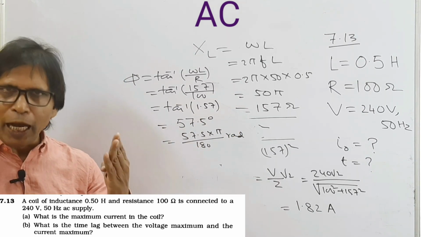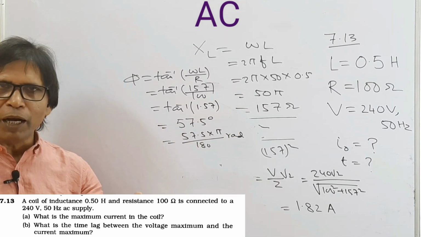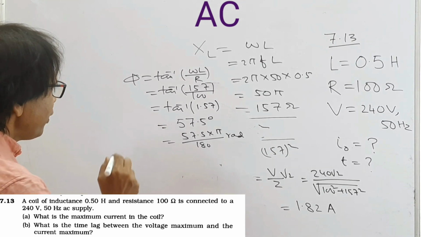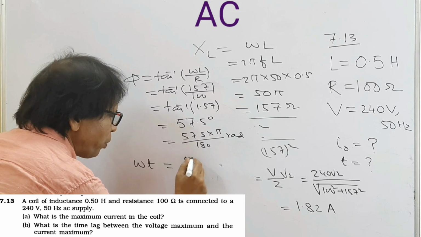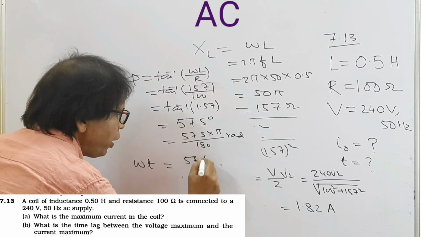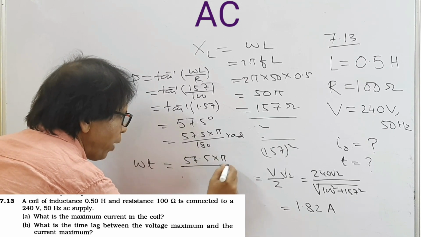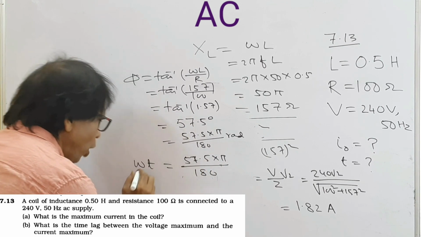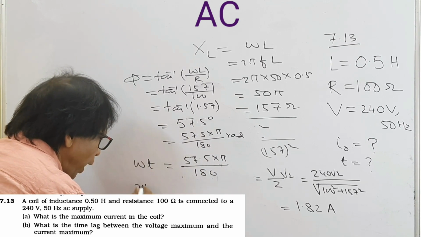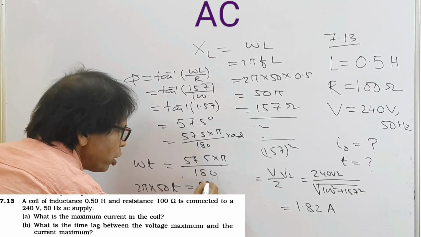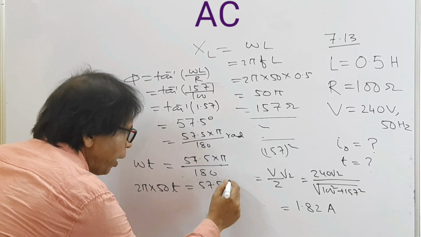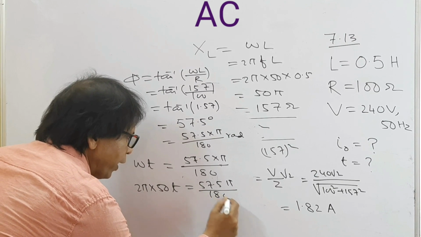If T be the time interval between current maximum and voltage maximum, then phi equals omega t, and this is 57.5 times pi divided by 180. Now this is 2 pi into 50, and this is t. So this is 57.5 pi, and this is 180.